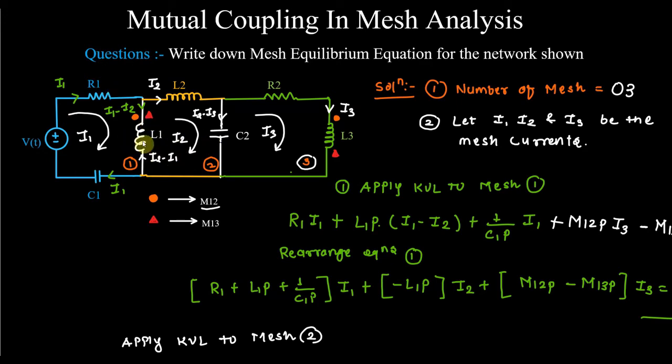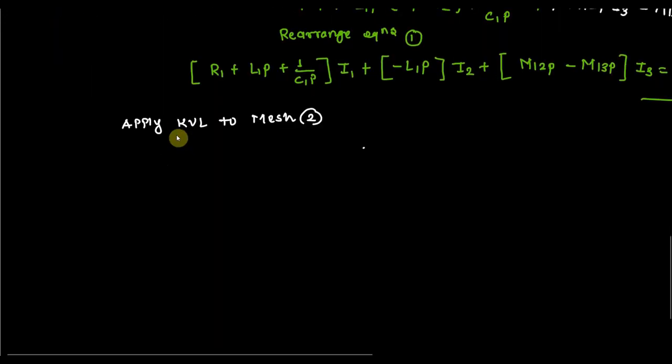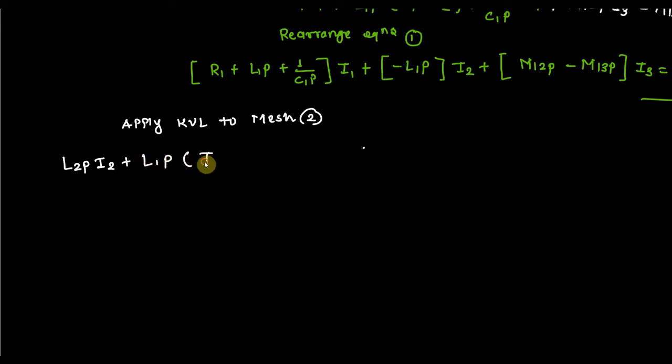So we will first write down all the mutual values here. Okay, so it is L2P I2 plus L1P (I1 minus I2) plus 1 upon C2P (I2 minus I3).